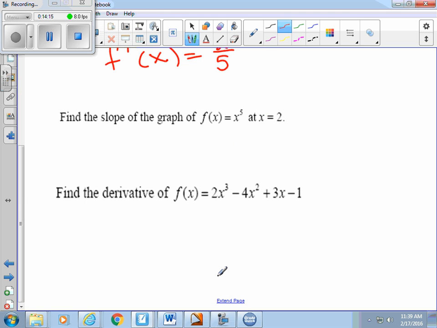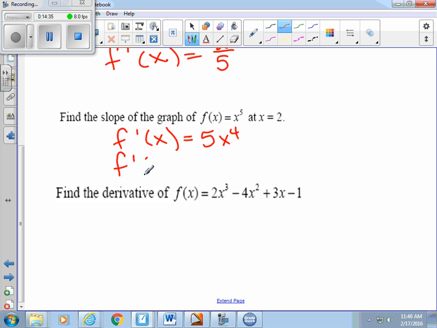Find the slope of the graph of x to the 5th at 2. Well, what's that saying? Find the derivative and plug in 2. 5x to the 4th, sorry.